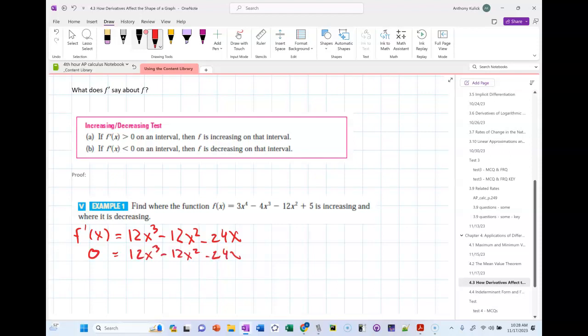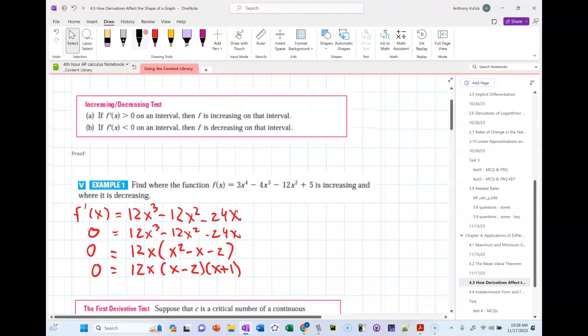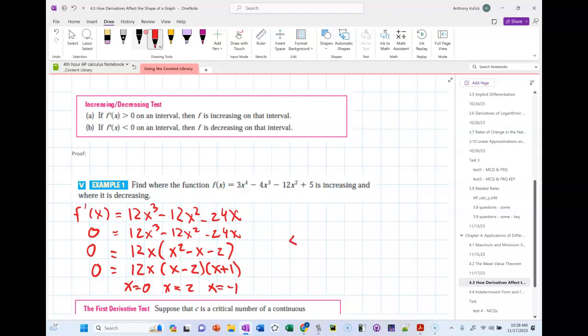What would I want to do to solve this polynomial equal to 0? Factor out an x, and then How about a 12x, right? 12x, yeah. And then factor the inside. And then we could either use the quadratic formula or factor the inside. The inside is factorable. Let's do that because that looks way easier. So that tells me 0, 2, and -1.